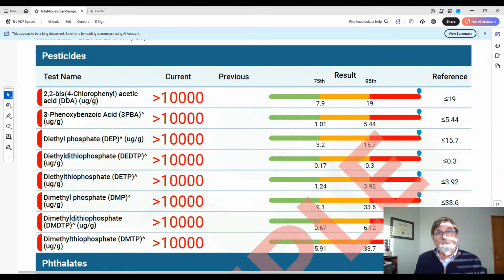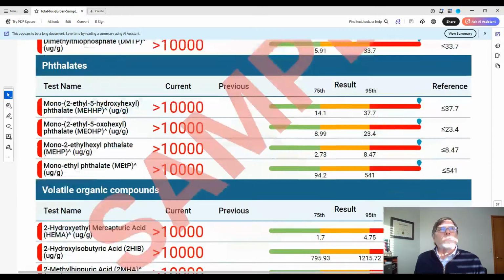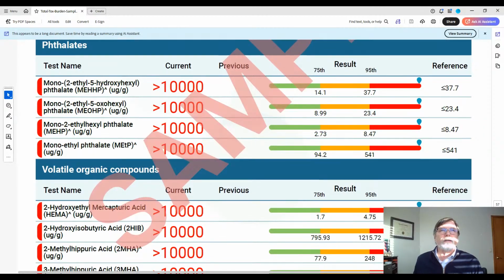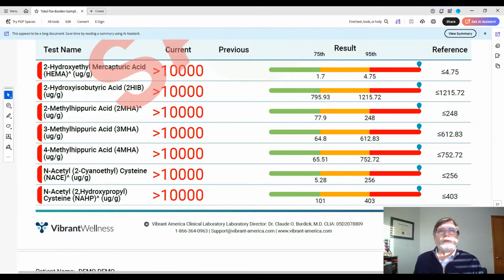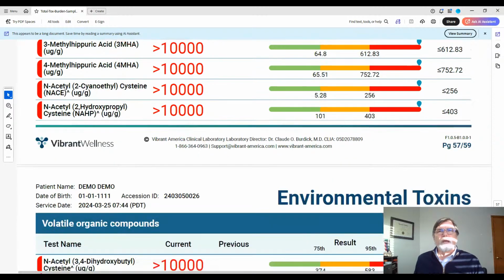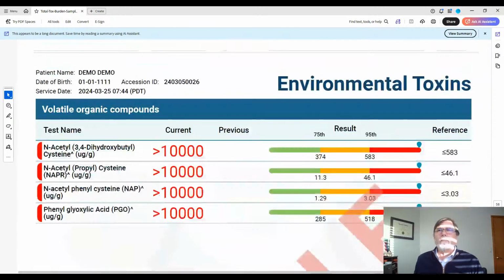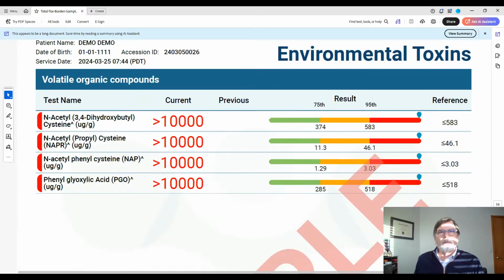But they're nonetheless nerve gas agents. Phthalates are used in a ton of products. They're also preservatives. They carry fragrances. So if you're looking at the ingredient list and it says fragrance, it probably has a phthalate in it. Volatile organic compounds are another set of environmental toxins. And again, when they're abnormal, they're going to be up in the summary, and it's going to tell you all the things that we've looked at already.